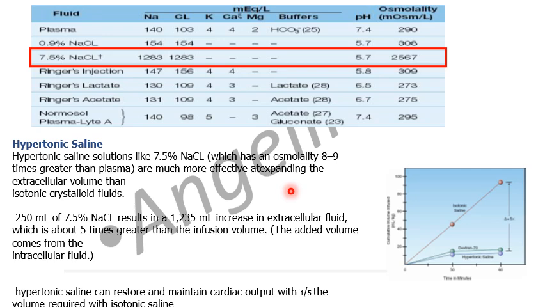Now, what are the places where you can use them, or can you use them at all? So have a look. It has very high osmolarity, and it is very effective in expanding the extracellular volume compared to isotonic crystalloid fluid. Now, this extracellular fluid gets increased because a lot of intracellular fluid is added to the volume.